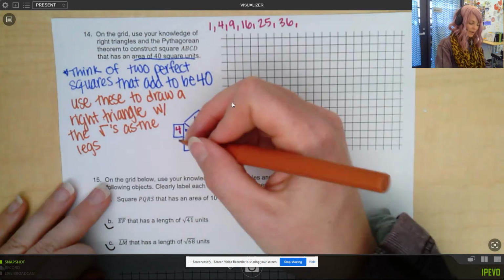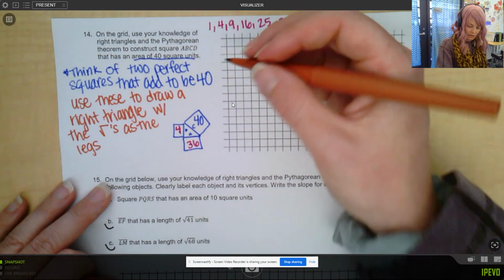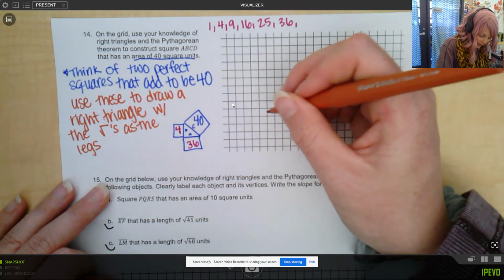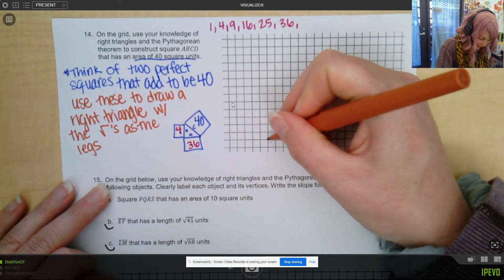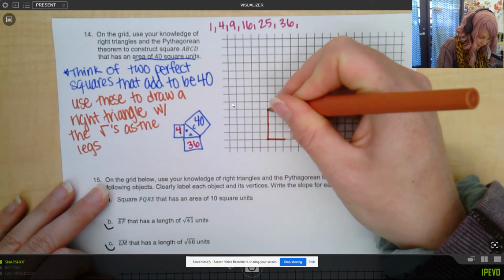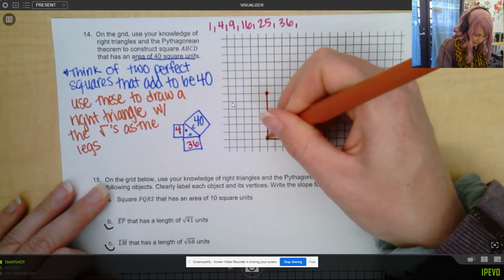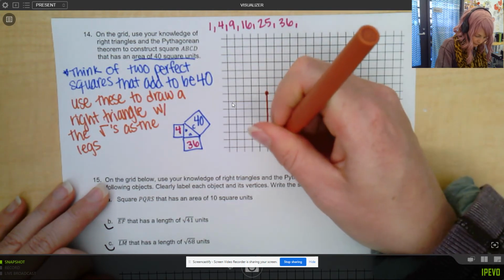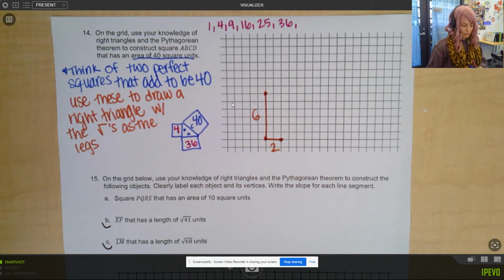So what do I mean? Well, the square root of 4 is 2, and the square root of 36 is 6. So I'm going to need a 2 by 6, 2, 4, 6. So 2 by 6 to create my right triangle.